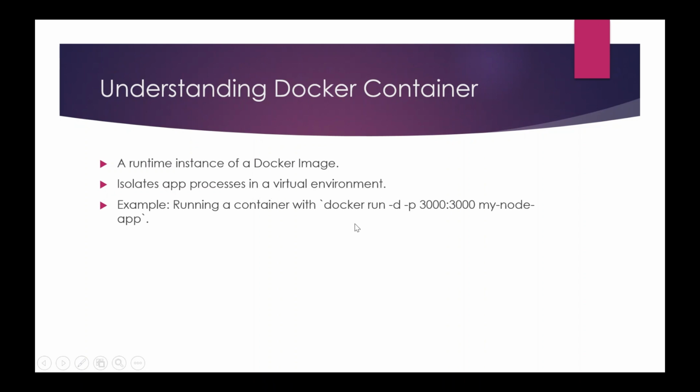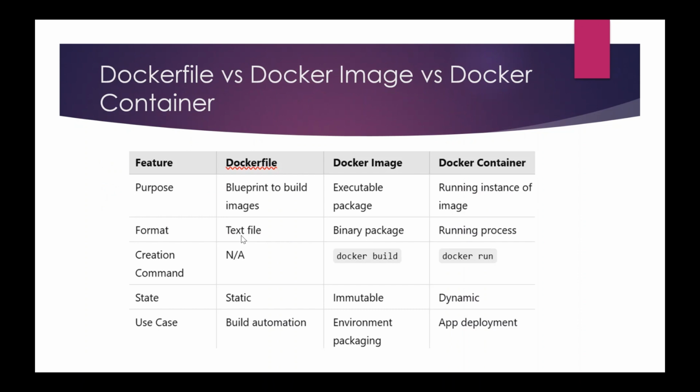Once the image is stored there, you can pull the image and spin up the containers with this docker run command. Okay, and your container will be ready, and even your application will be running inside that container. This is the key difference between the Dockerfile, Docker image, and Docker container.